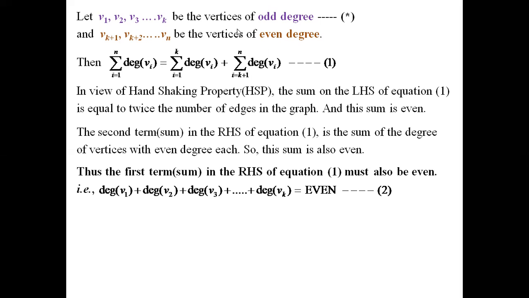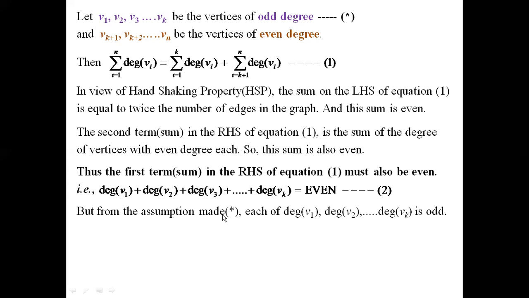Because i takes the value from 1 to k, we substitute i equal to 1, 2, 3, etc. up to k. Expanding the summation, we obtain degree of V1 plus degree of V2 plus degree of V3, etc. up to degree of Vk is equal to an even number.